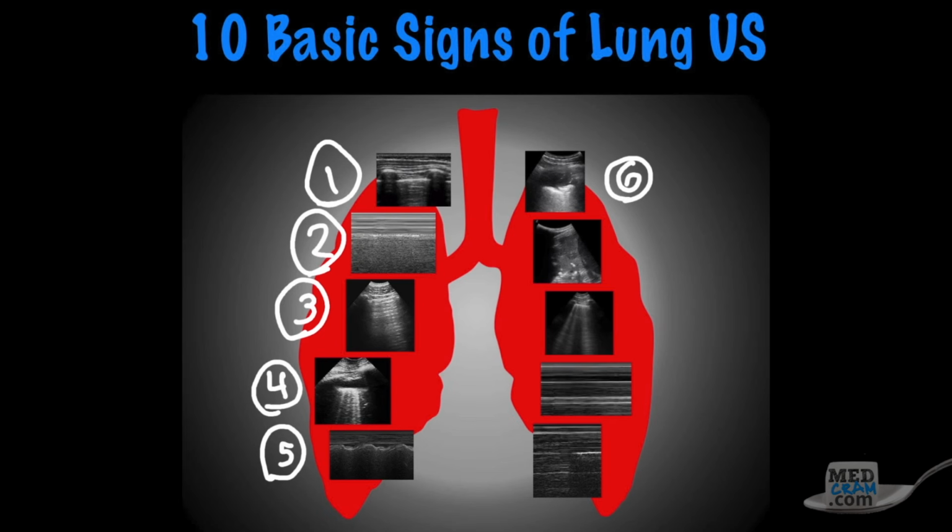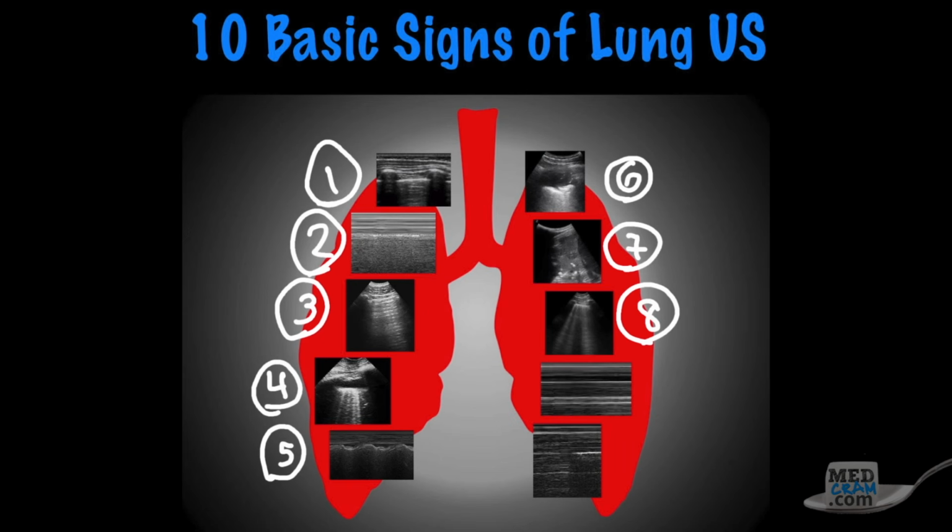Number 6, the shred sign, or the uneven lung line below the area of consolidation, the shredded lung sign, indicative of consolidation. Number 7, the tissue-like sign, or tissue with air bronchograms in it inside the lung, which is indicative of consolidation as well.